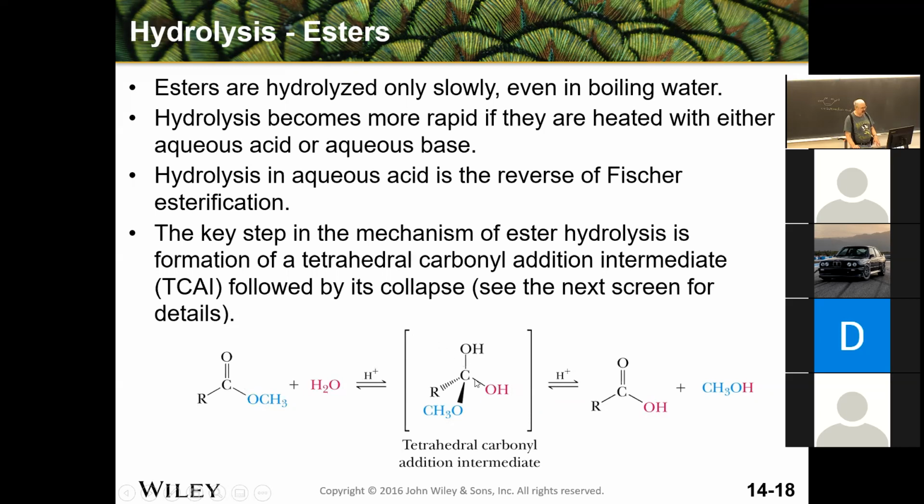One of these OHs becomes protonated, water leaves. I'm sorry, we're going the other way. The methanol gets protonated and methanol leaves. We split the ester into its carboxylic acid and alcohol components.